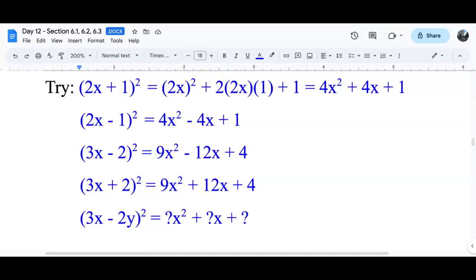Kiana has 9x squared minus 12xy plus 4y squared. Pilar has the same thing. Great, that's right.